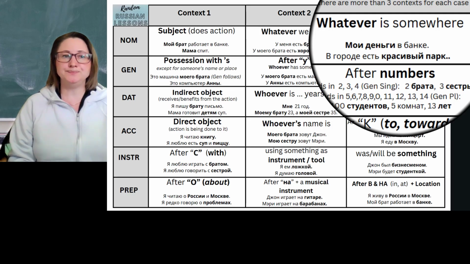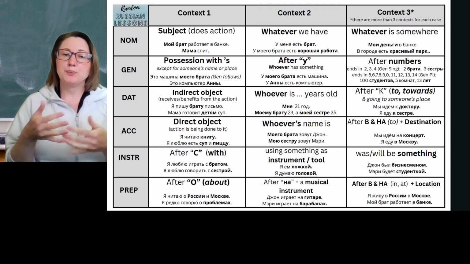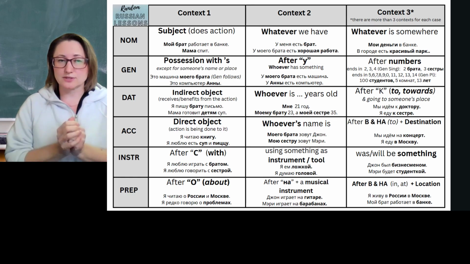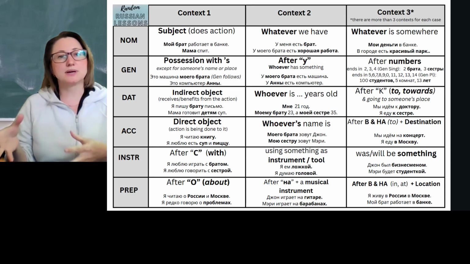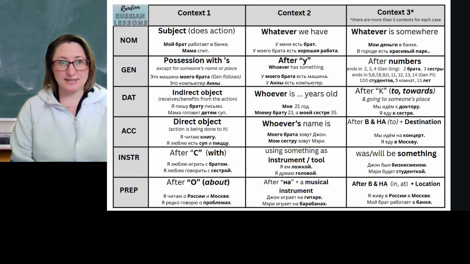So once again, nominative we use to define the subject of a sentence. There is a direct correspondence between subjects in English and in Russian, except some contexts can be trickier than others.